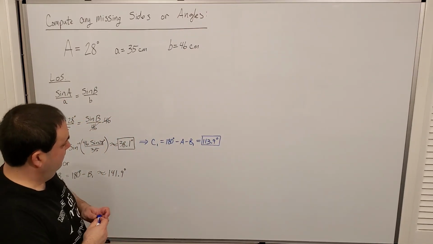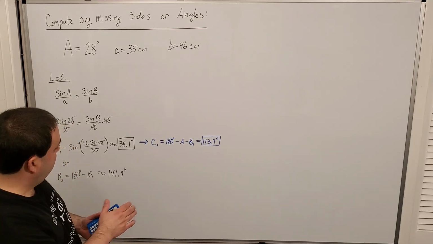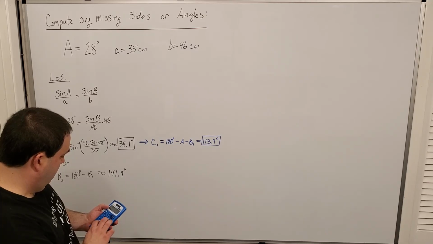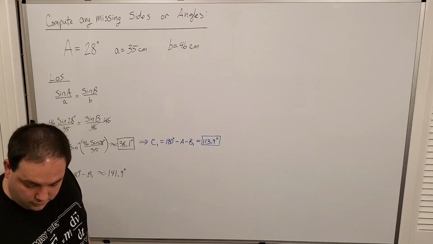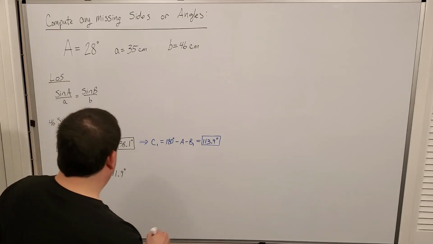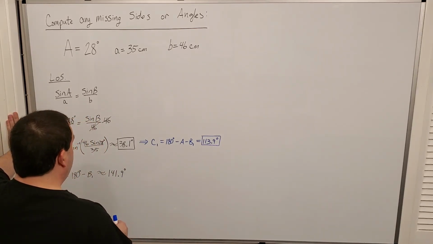Right? Okay. I'm going to double check because I'd hate to have to come back and redo this. 180 minus 28 minus 38.1. Yep. Very good. Always good to second guess yourself, just in case, especially on a test, you know.